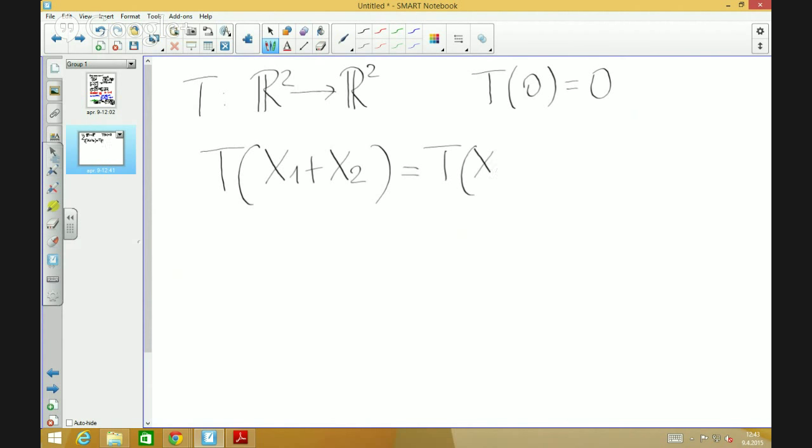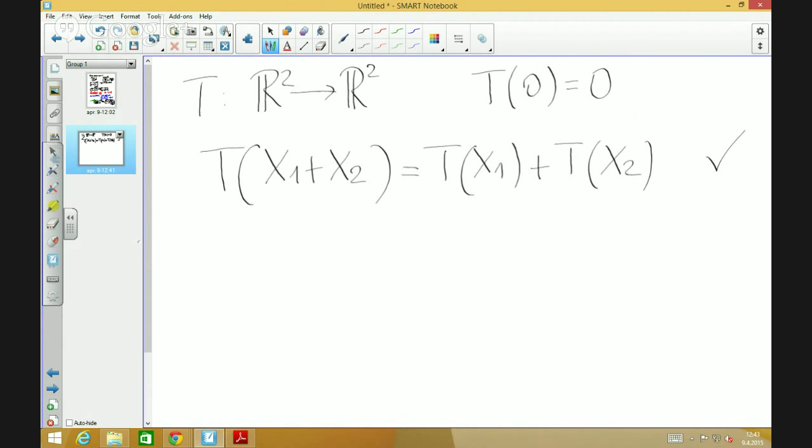Tx1 plus Tx2, as one of your colleagues is saying here. Absolutely. That's one of the two properties that a linear function must have. If the function you're staring at doesn't have this property, it is not linear.